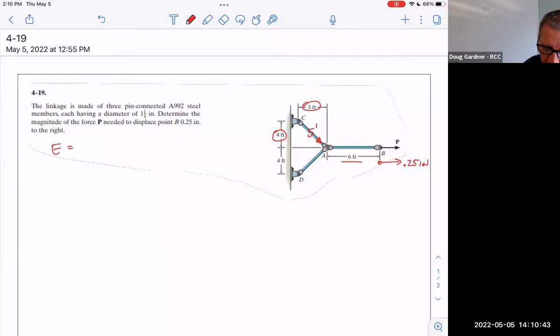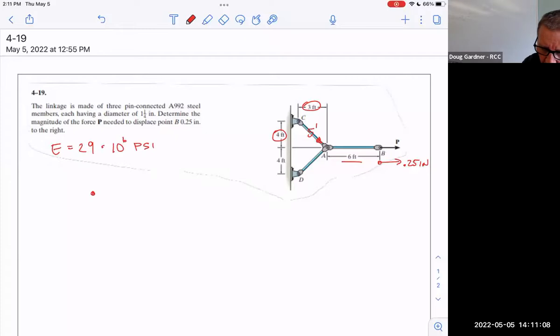First of all, just to look it up, A992 steel, if you look it up in the back, is 29 times 10 to the 6th PSI, because I'm looking at the top chart this time. I'm going to write it like that because I'm worried about units. So I need the E value. Great, I looked that up. Awesome. But let's draw a quick free body diagram here.